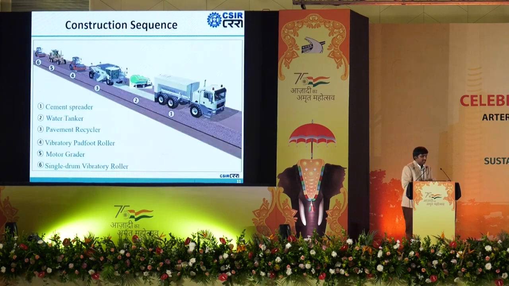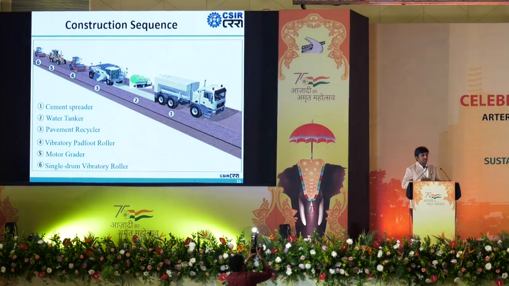So basically this is the construction sequence. You can see the first is a cement spreader. Let's say if you have any shortage of aggregates, we have to spread some amount of aggregates also. It is attached to the water tanker, attached to the recycler. So it is going to cut your required depth. The depth depends upon your distress levels that you have to decide during the investigation.